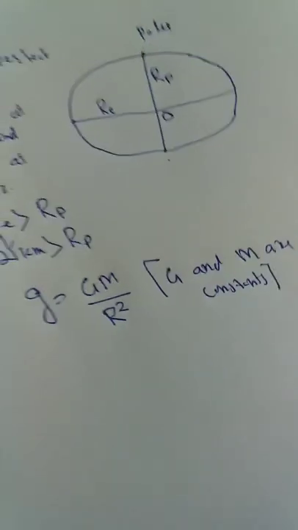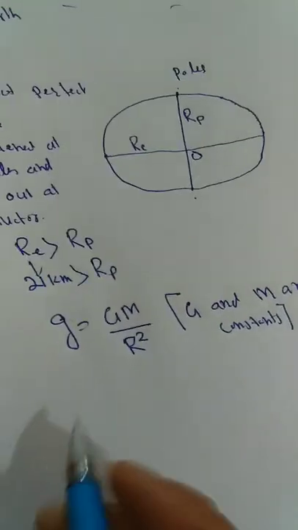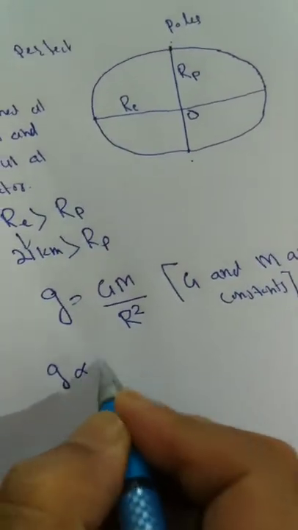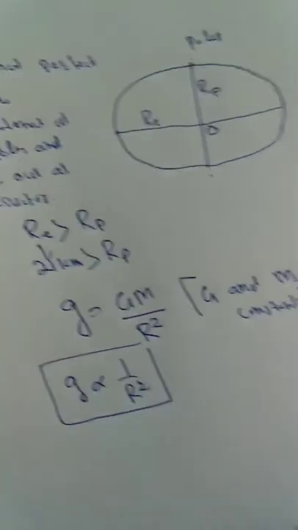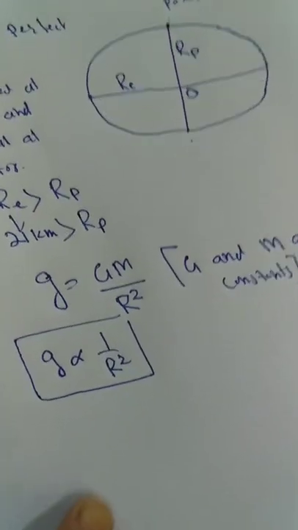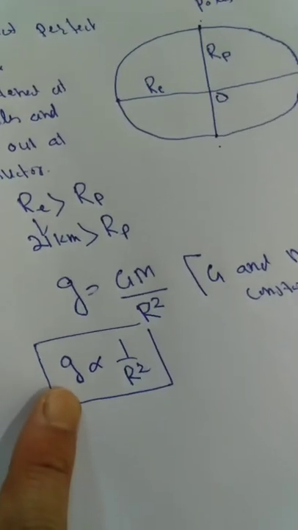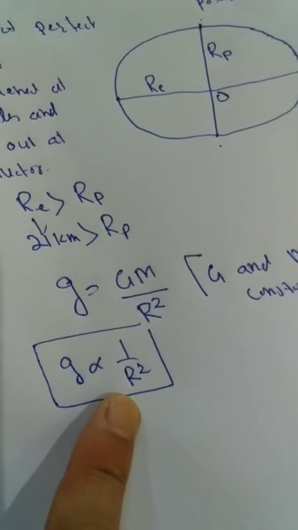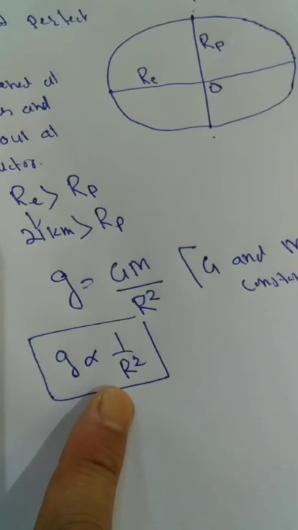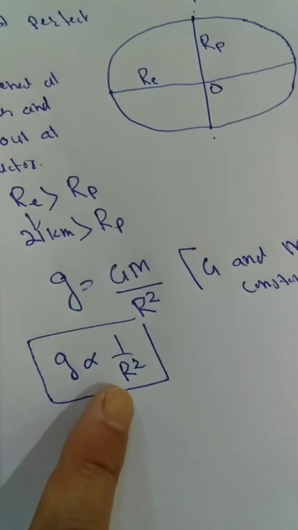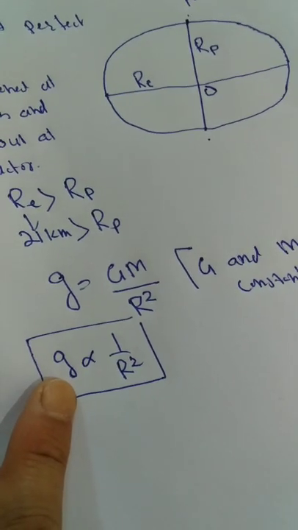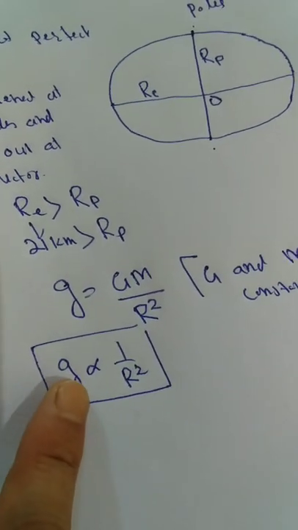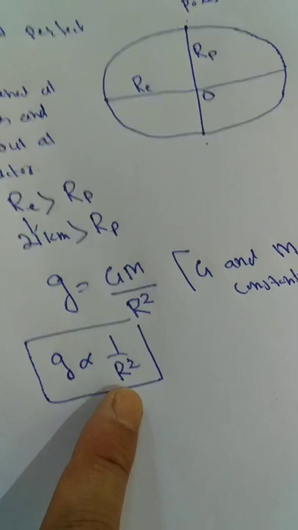That means g is inversely proportional to the square of the radius. This is called the inverse square law. Where the radius is large, acceleration due to gravity is less, and where the radius is small, acceleration due to gravity is large.